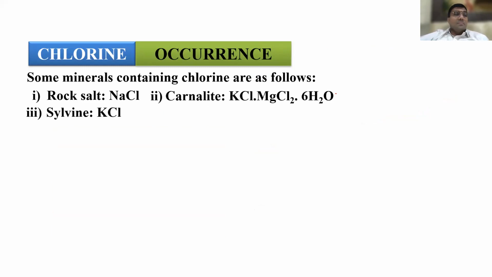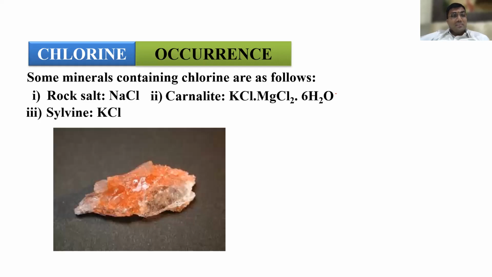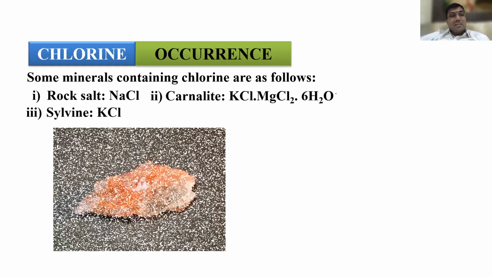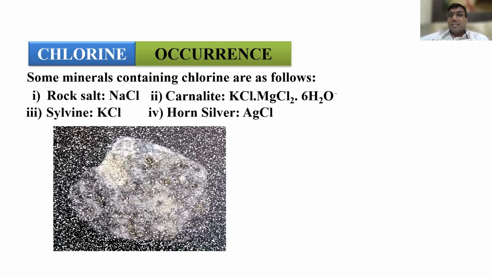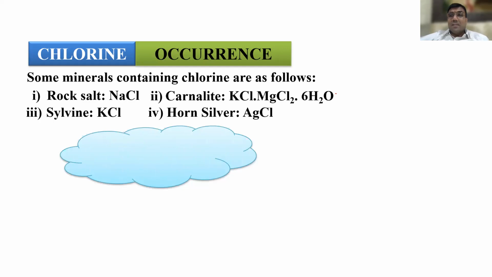Similarly, this is sylvine. It is KCl. It is also called sylvite. And horn silver means AgCl. Horn silver is one of the ores from which you can extract silver, a very valuable metal.